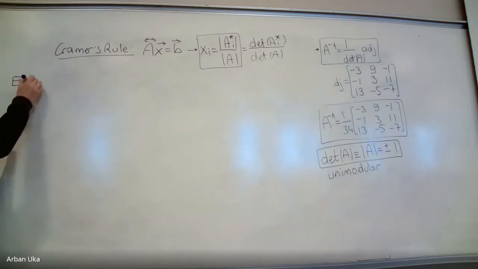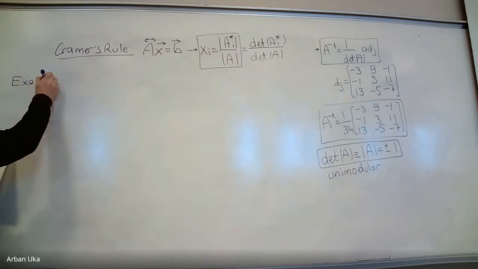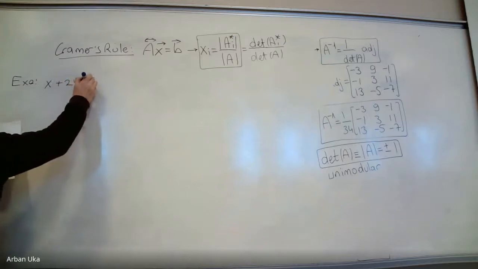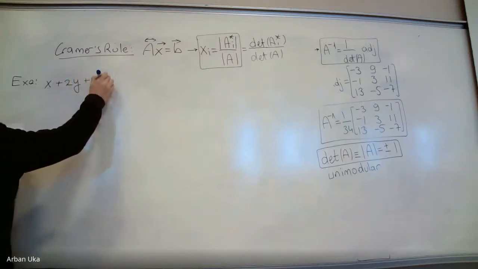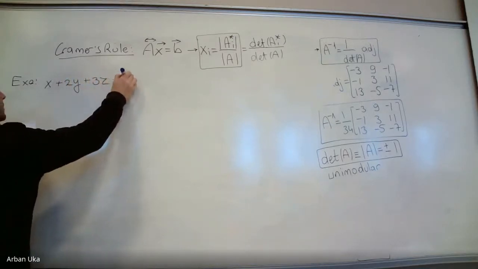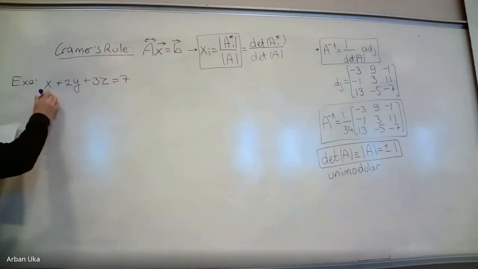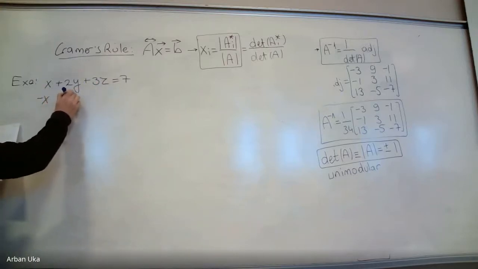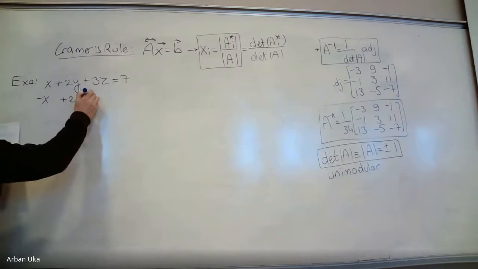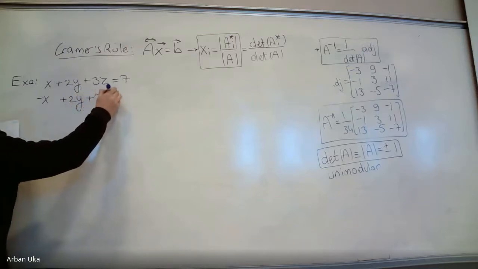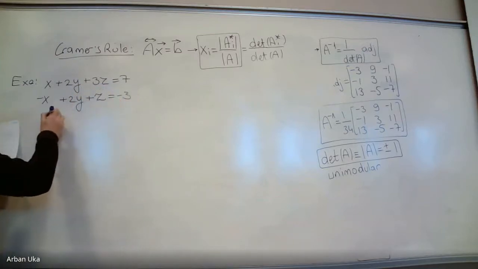So let's assume we have x plus 2y plus 3z equals 7, minus x plus 2y plus z equals minus 3.